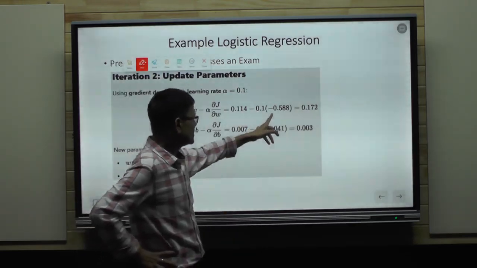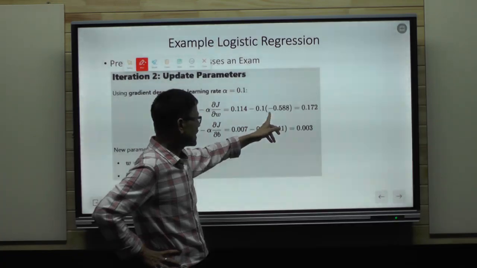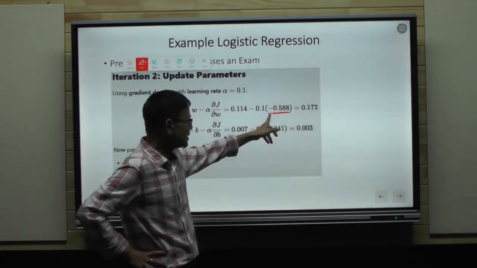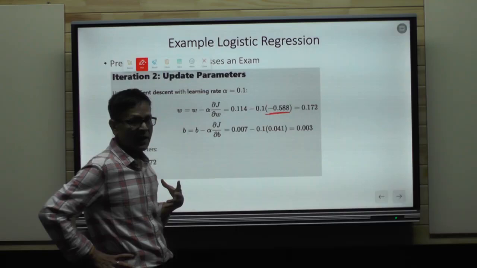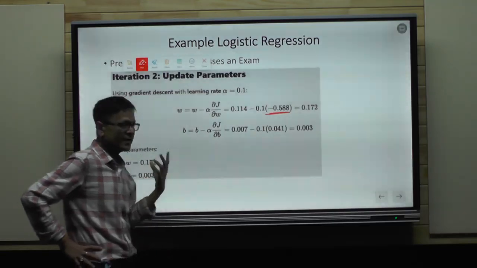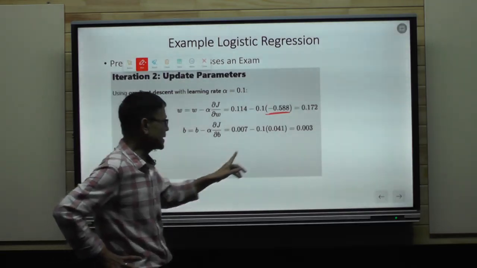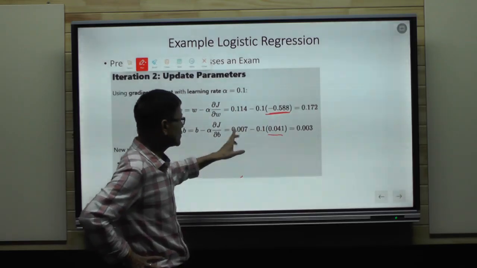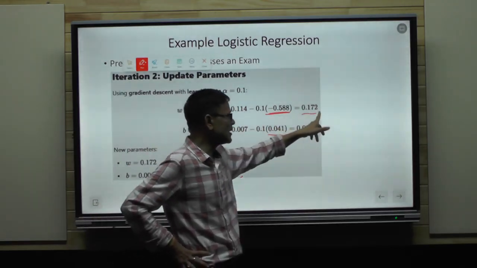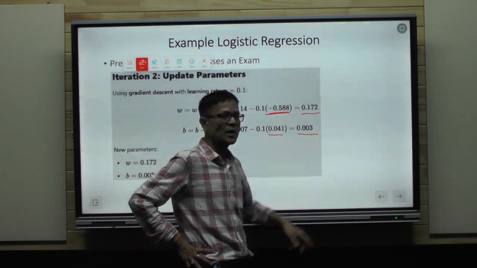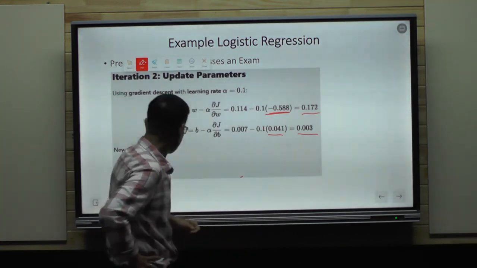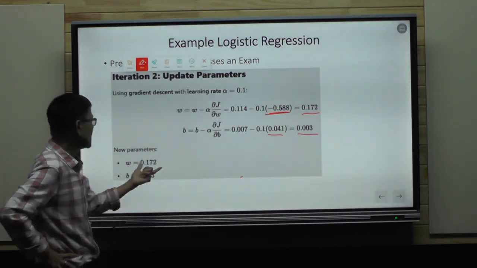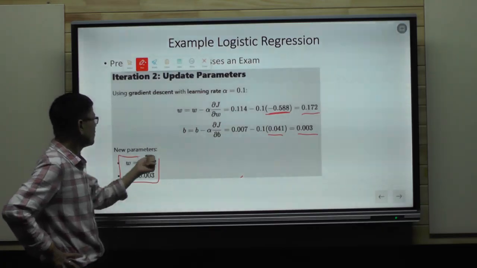Now we have the partial derivative values for weight and bias respectively. Putting them into the equation, the weight becomes 0.172 and the bias becomes 0.003.